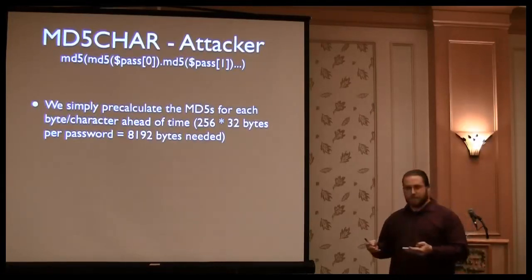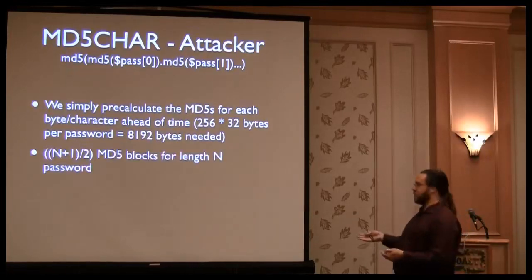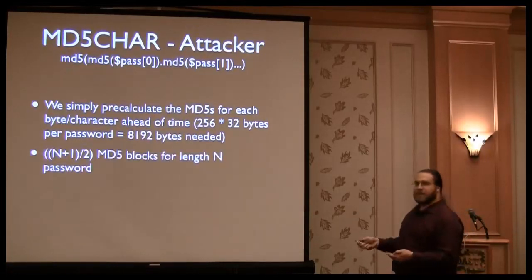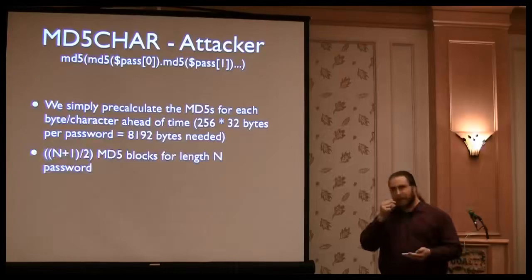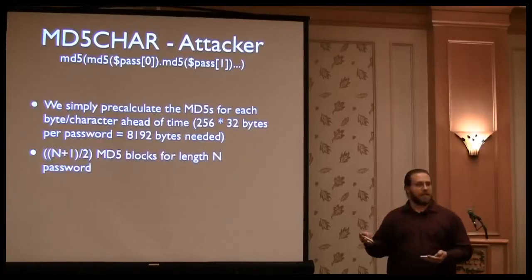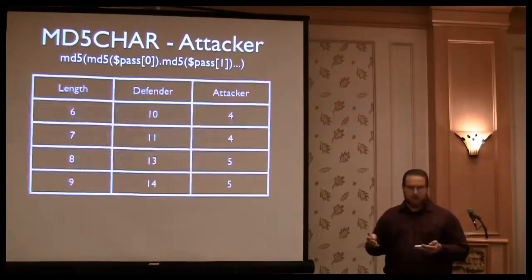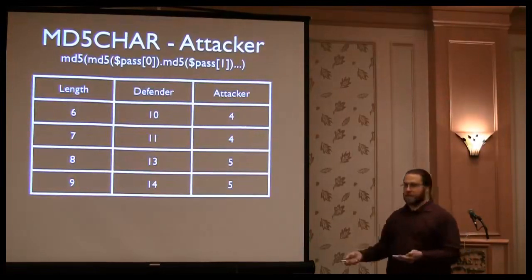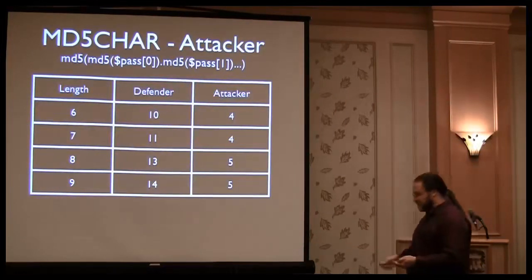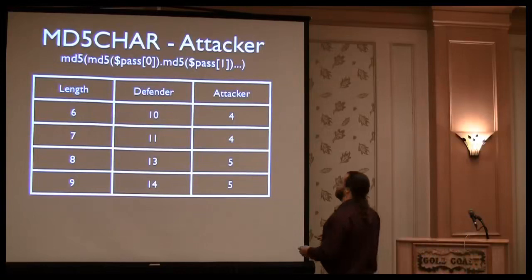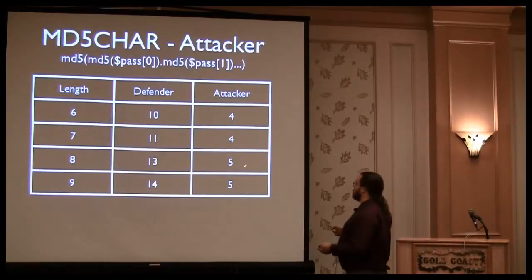So we don't have to do them. And so we get a bit of an improvement in that now we've eliminated the initial N MD5 operations. So for those of you who don't like doing this math in your head, here's a table. Here's the kind of the easy method. We've got better than a factor of 2 improvement. We're coming up on a factor of 3 improvement for length 9.